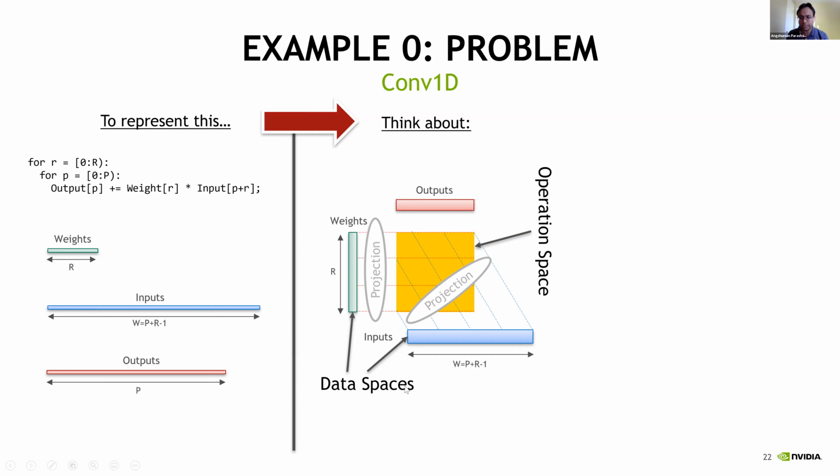And then you need to think about data spaces, and the data spaces are basically the tensors that you're operating on as part of this problem, right? So we've got weights, inputs, and output activations, and from the color coding, you should be able to correlate that back to this picture. And finally, you need to think about the projections, which is how does this operation space project into the weights?